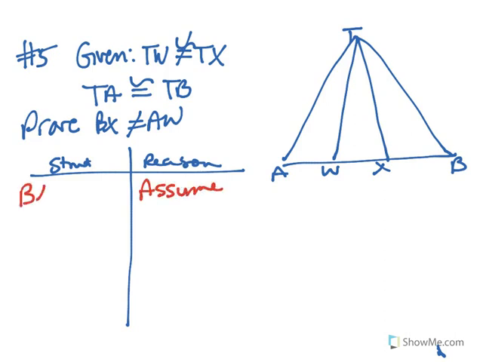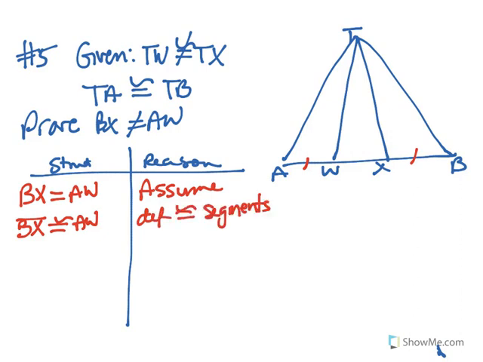So we're going to say Bx is equal to AW, and so if Bx is equal to AW, then we could say Bx is congruent to AW because definition of congruent segments.